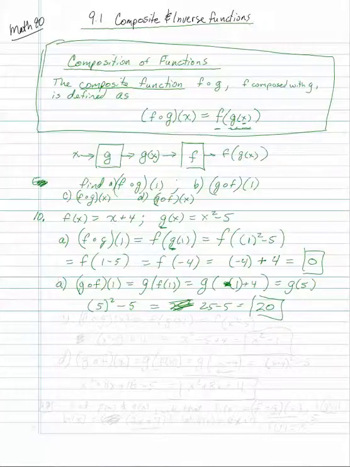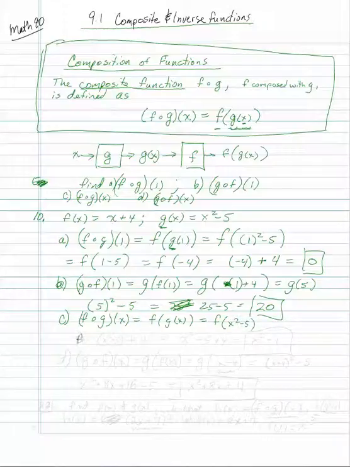Alright, that was B. Now we want to do f composed with g of x. Well, by definition, that's f of g of x. Well, g of x is x squared minus 5.